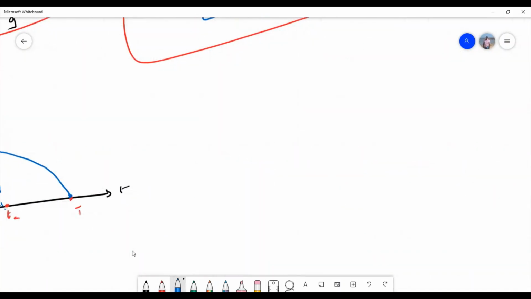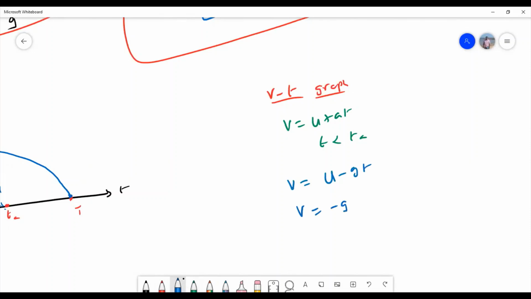Now let us see what is the VT graph. The second one is VT graph. Very simple. Before I reach that max height, I'm plotting the graph. So we know that v is equal to u plus at. When t less than time of ascent, then I can write v is equal to u minus gt, or v is equal to minus gt plus u. It is of the form y is equal to minus mx plus c.